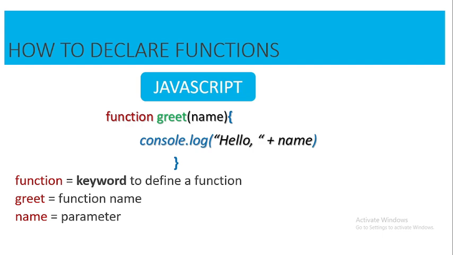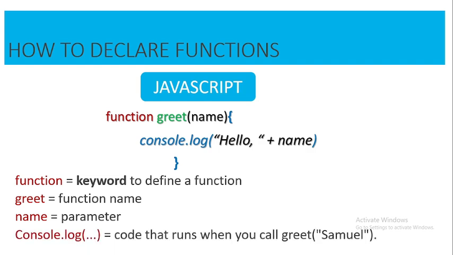Then we have curly braces. The curly braces in JavaScript programming language are used to group the set of instructions that run when we call the greet function. And you print with console.log, code that runs when you call the greet function.